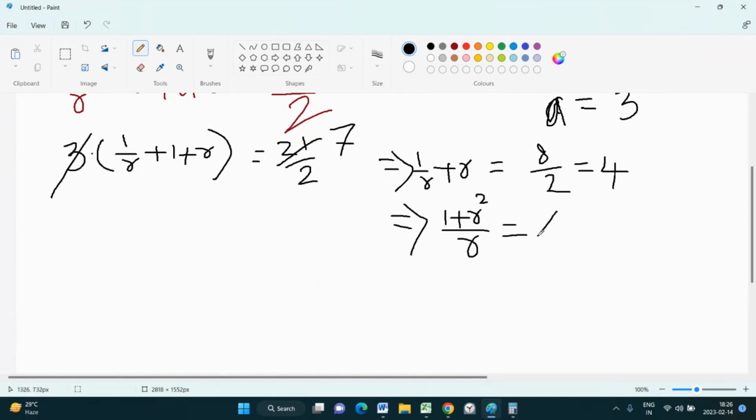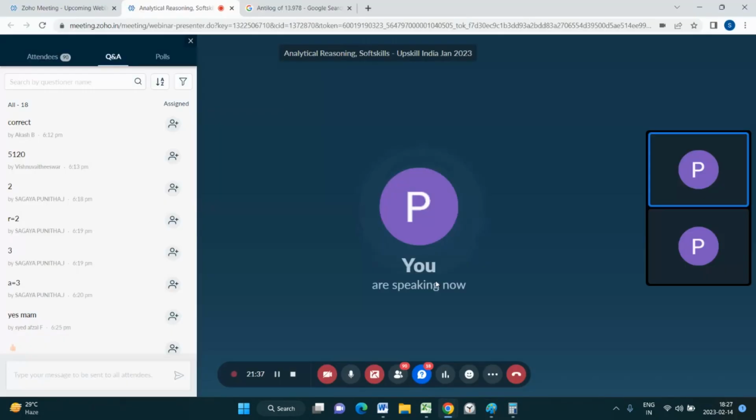Can you tell me what is the answer of r? r square minus 4r plus 1 is equal to 0. This is a quadratic equation. How will you solve it? Can you tell me how you will solve?